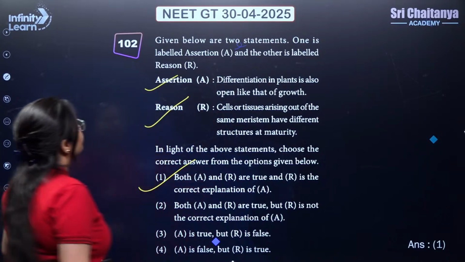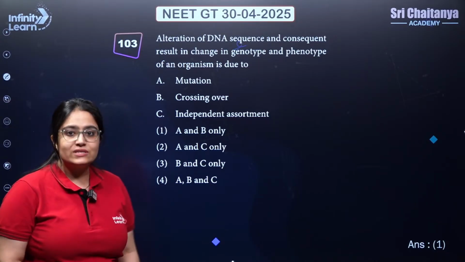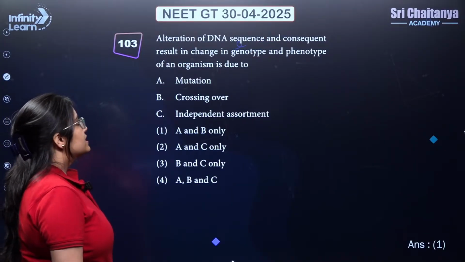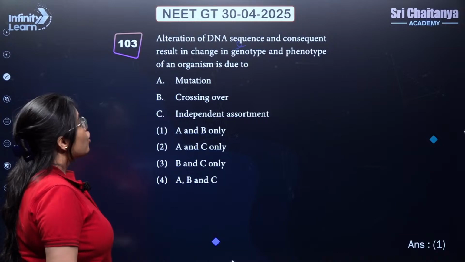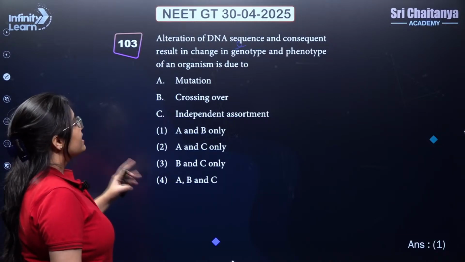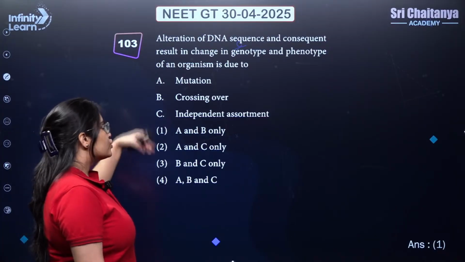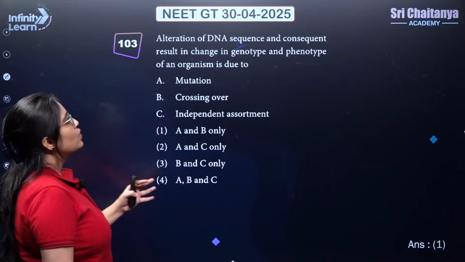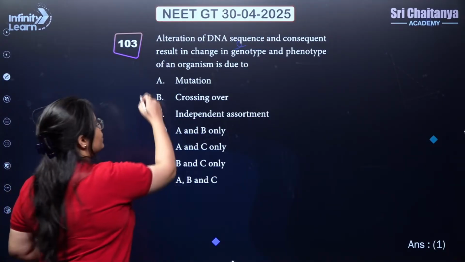A good question. Next, alteration of DNA sequence, that means change in the nucleotide sequence of the DNA, and consequently resulting in change in genotype and phenotype of an organism. So which of the 3 is capable of changing the nucleotide sequence in the DNA? Yes, mutation is capable.